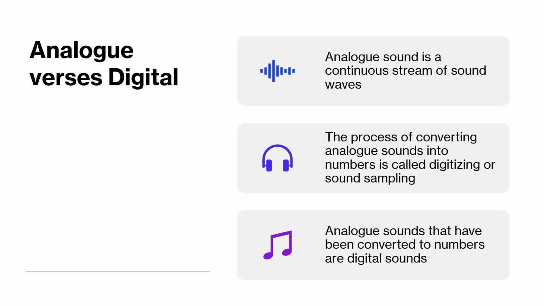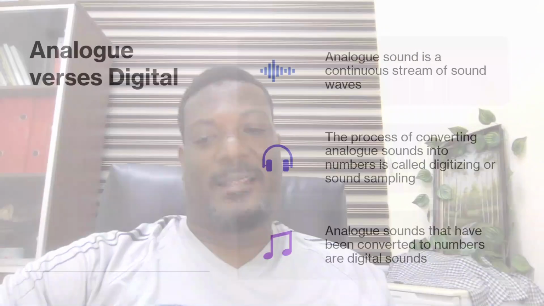So to be understood by the computer, the analog sound, which is a continuous stream of sound waves, must be converted to numbers, the zeros and ones, which is the only way a computer understands. That process of converting from analog sound into numbers is what you term as digitizing or sound sampling. So the process of converting from analog sound to numbers that is understood by a computer is termed as digitizing or sampling.